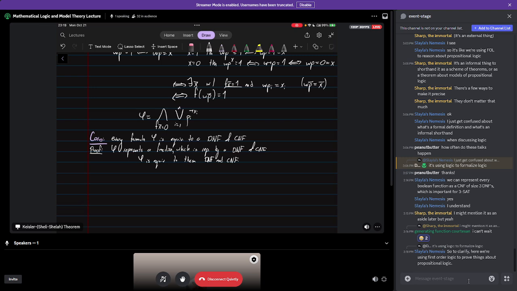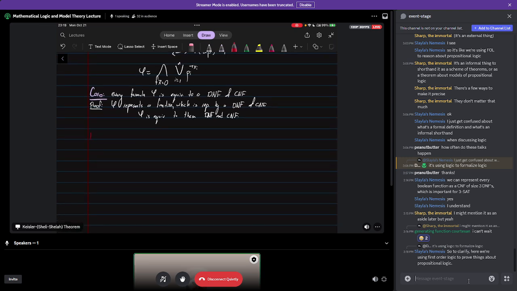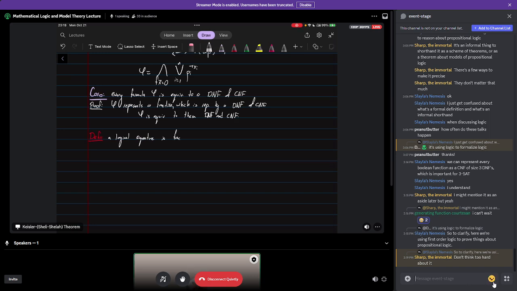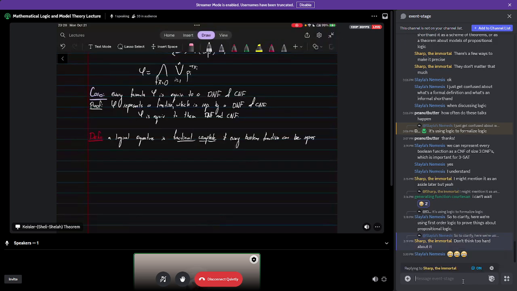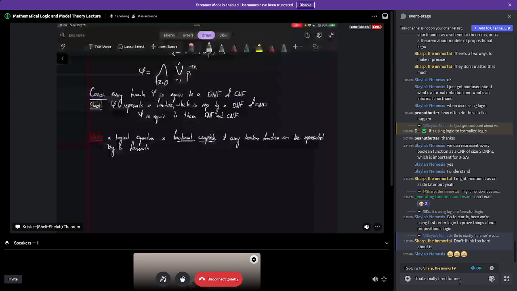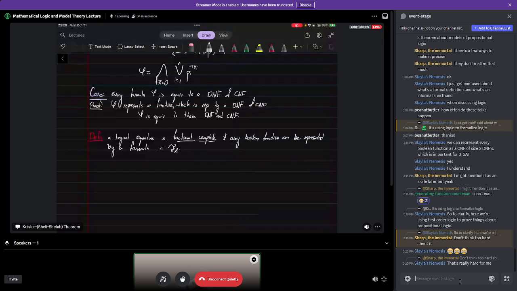Okay, so now my final definition: a logical signature is functional complete if every Boolean function can be represented by a formula over that logical signature.